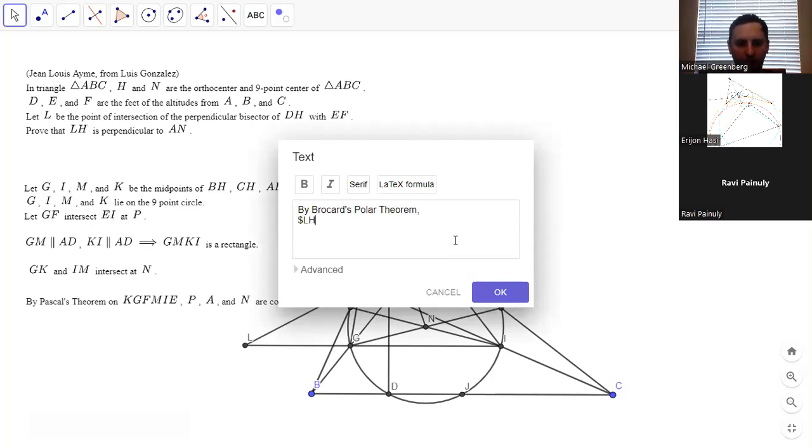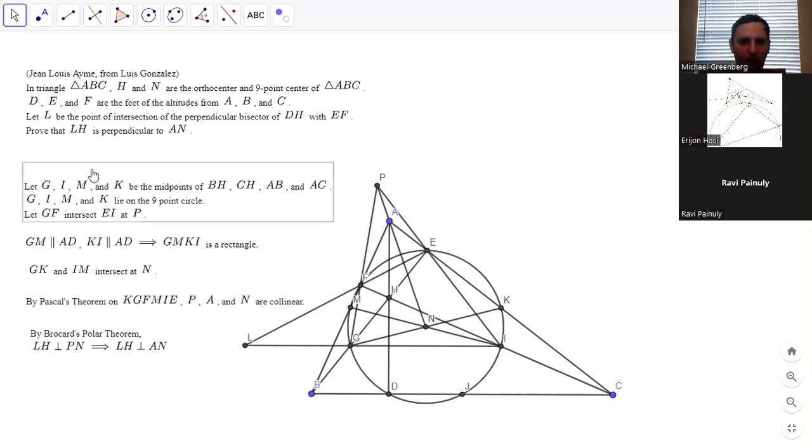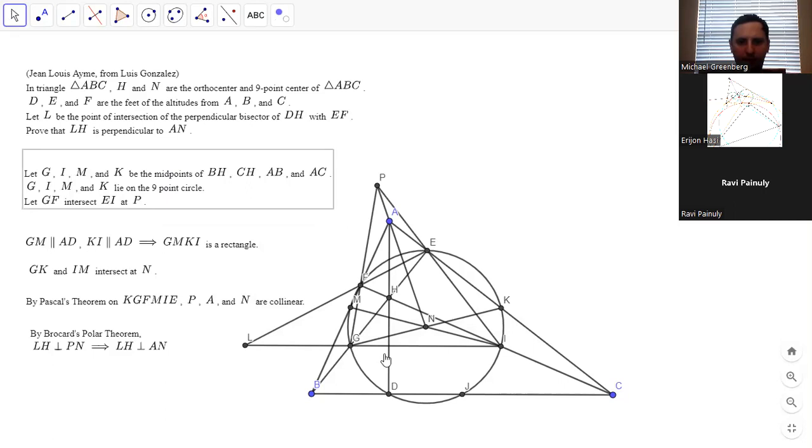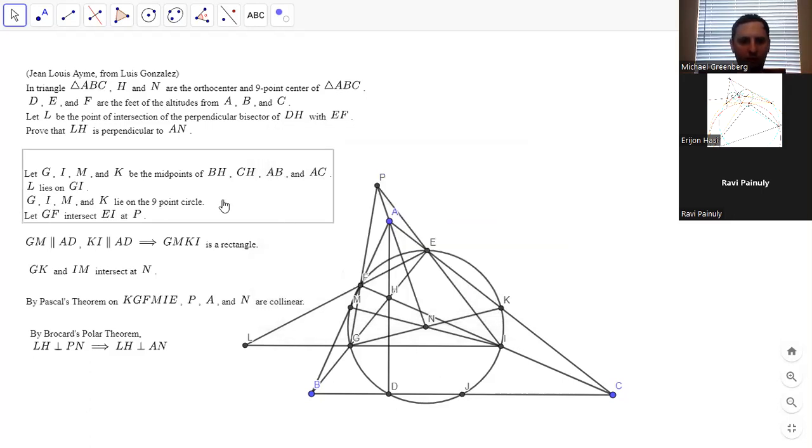We have LH is perpendicular to PN, and that means that LH is perpendicular to AN. And I'll add one more step here because G and I lie on the 9-point circle, and L lies on GI. That's kind of obvious. All right, so I'll move on to the next one.